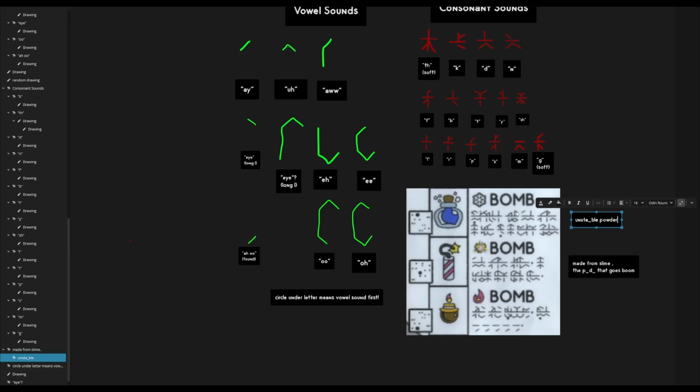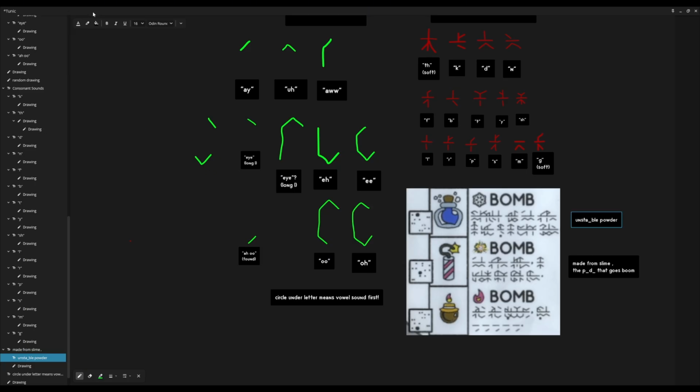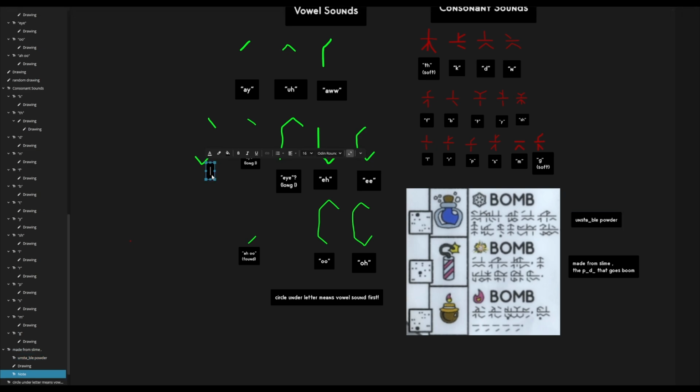Or oh no. I don't even know how to begin to write that. Draw, we're green, right? Yeah. So it's this and this, it's almost like an O with an umlaut in German. Powder.